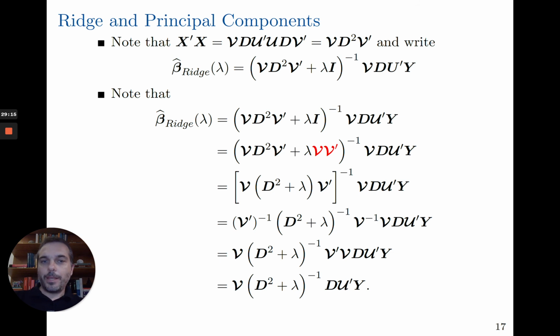This will be V prime inverse, (D squared plus lambda) inverse, V inverse, and whatever comes after.